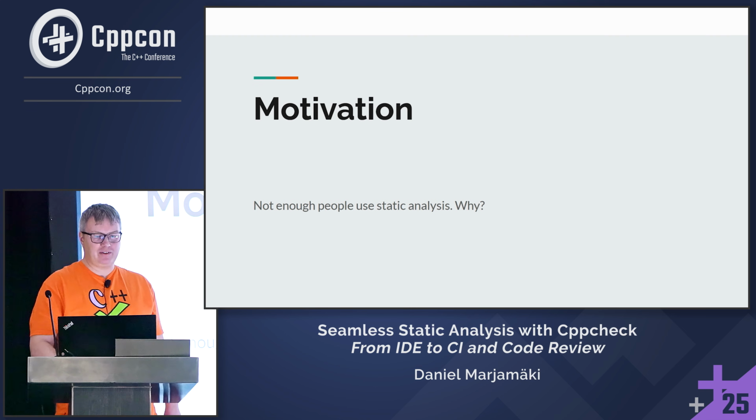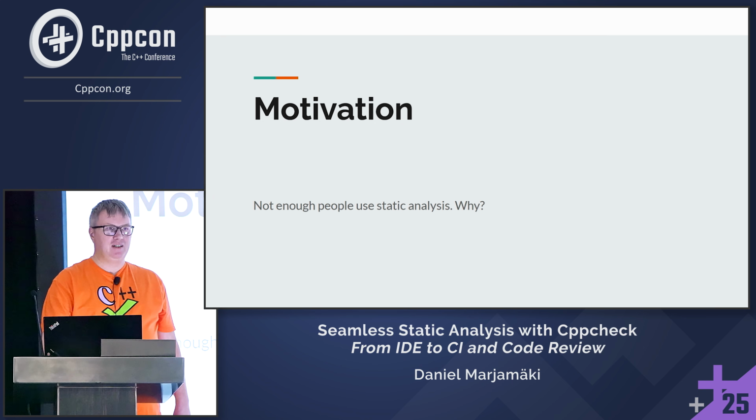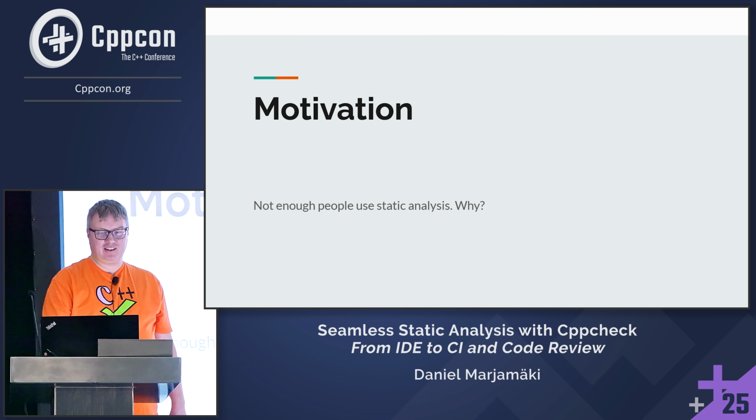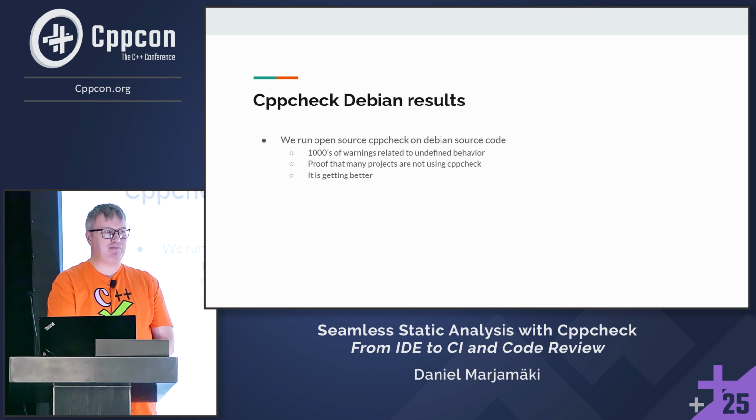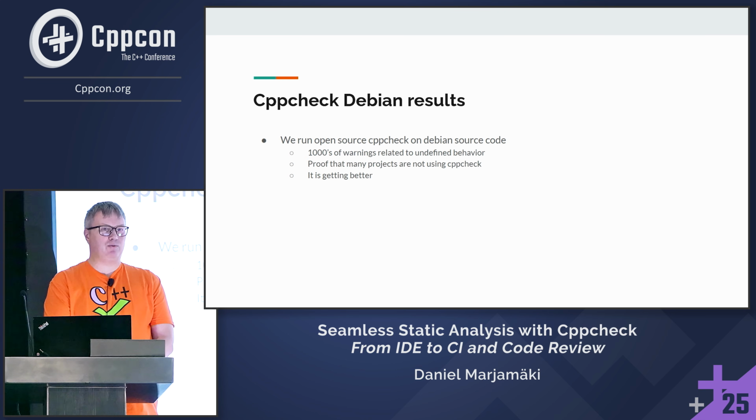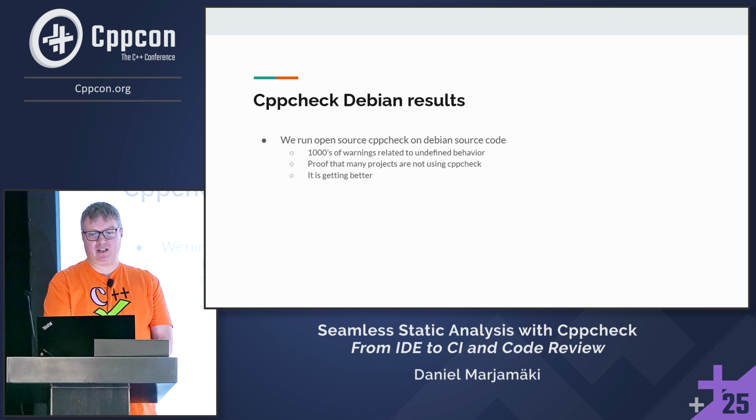So first, motivational. I'm thinking strongly that everybody should use static analysis. One way I know that not enough people are using Cppcheck is that we run open source Cppcheck on the Debian source code all the time. We don't do this to find bugs in Debian, but to test Cppcheck.